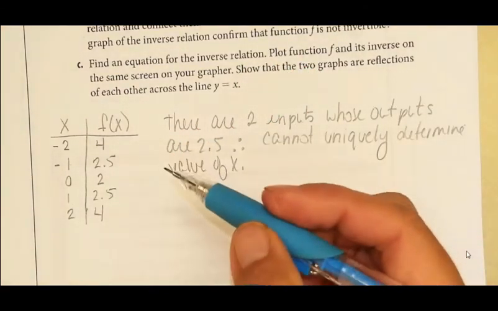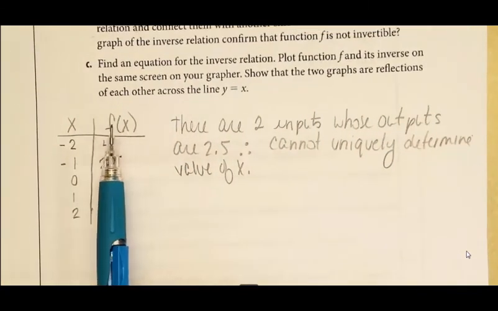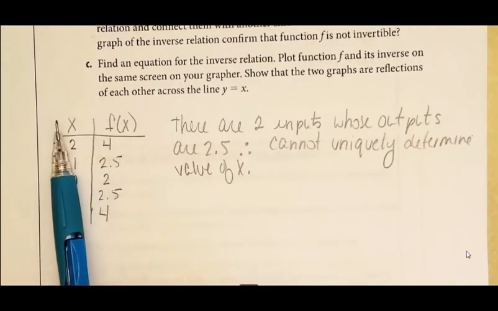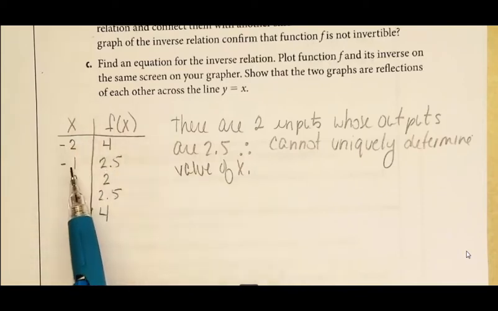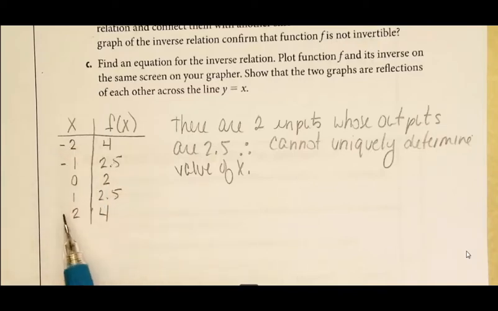Plus I can see now that if I think about the inverse, you're going to switch the inputs and the outputs. So I'm going to have two inputs, the 2.5s. This one input, that's just going to be one over here, right? 2.5, I would just have one of those, is going to go to two separate outputs.